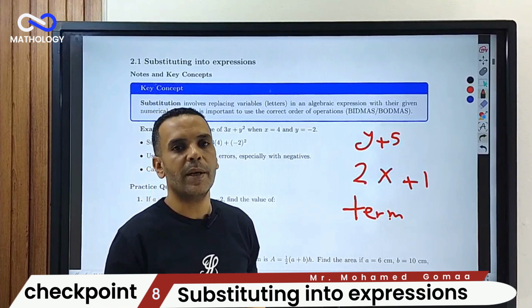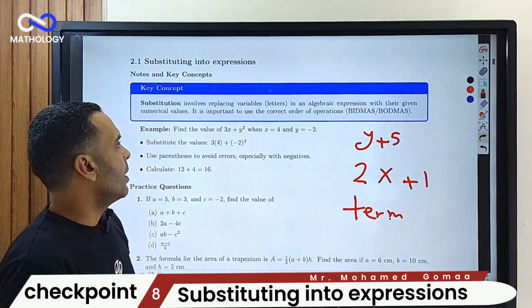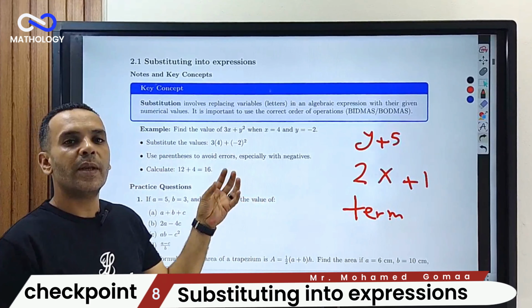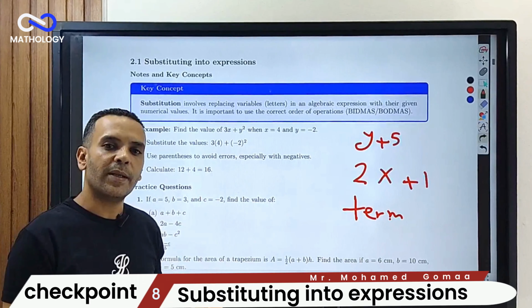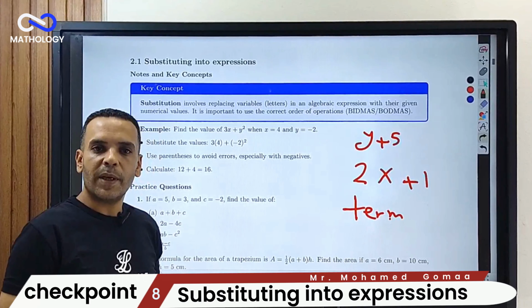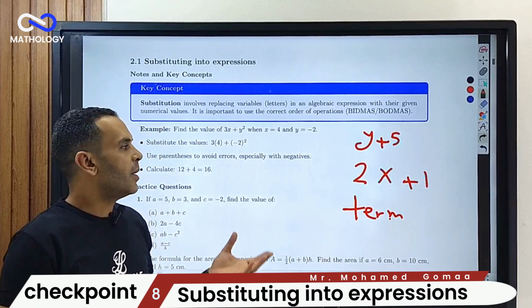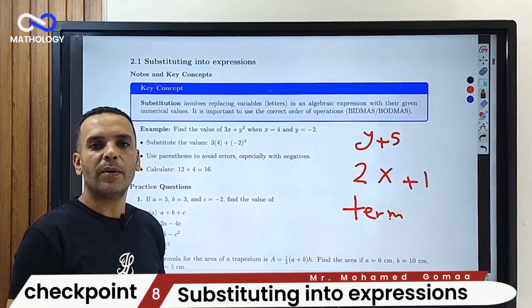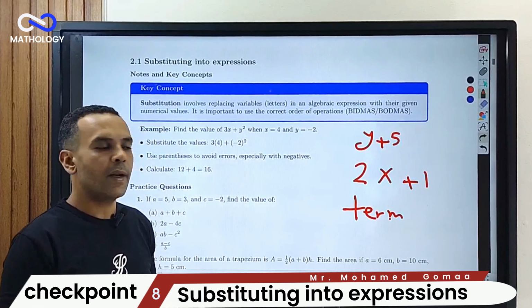The first lesson is about how to substitute in the algebraic expression. What's meant by substituting into an algebraic expression? That means replace the letter with a number. Put a number instead of the letter.